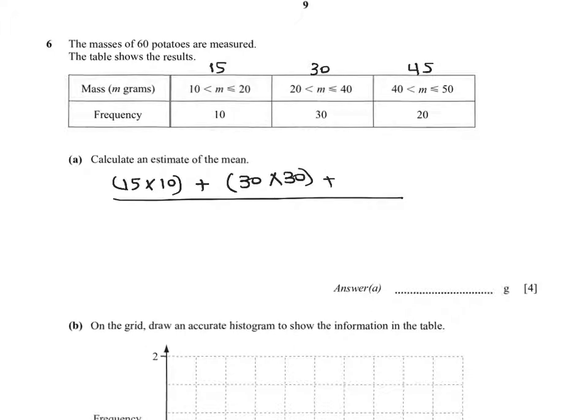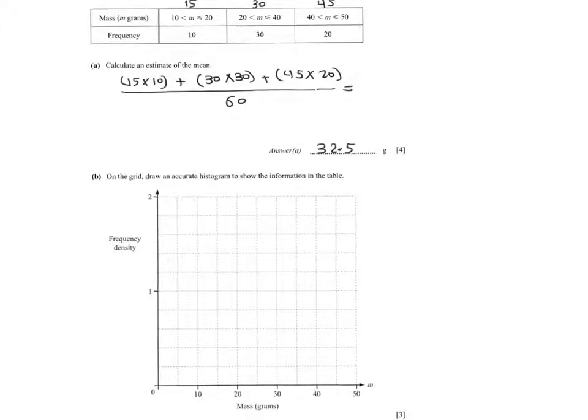The third group is center 45, so 45 times 20. Then you find the sum divided by number. You have 60, so divide by 60, then get the answer. Answer 32.5.